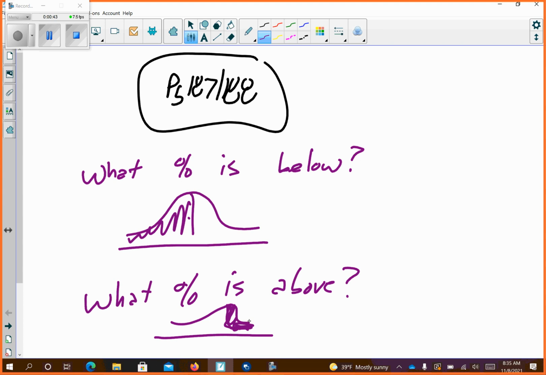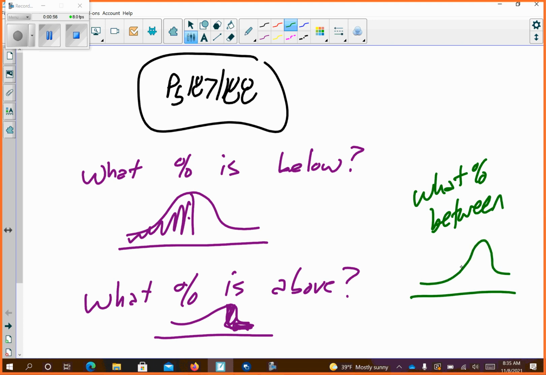And sometimes they might even ask what would be between. What percent is between? That would be an area something like this. So those are just some things to know about the normal curve.